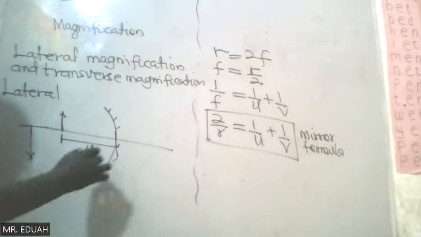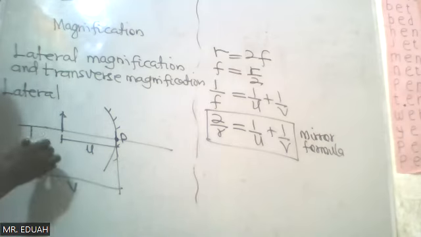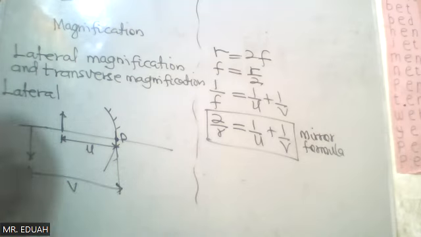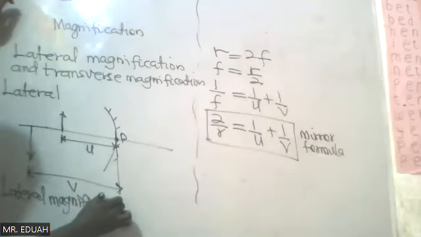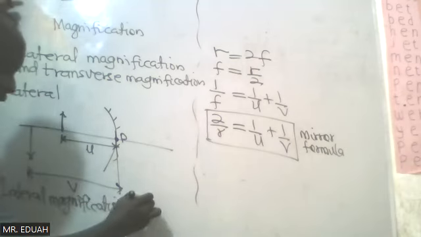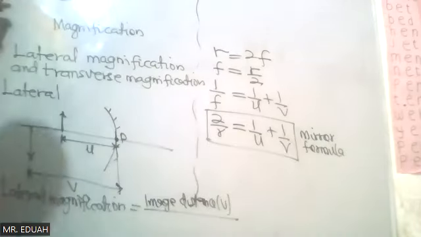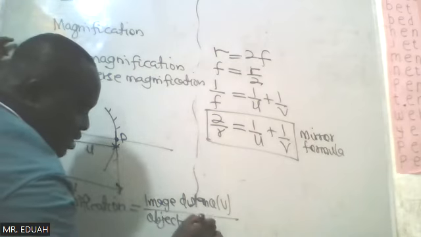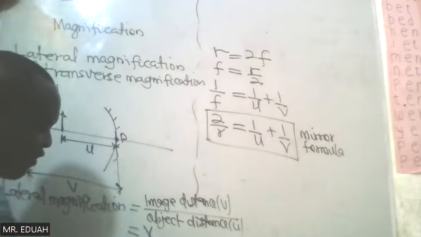Assuming the image is here, from the pole to the image position is the image distance, V. Lateral magnification is about side to side, so here we are looking at the ratio of the image distance V to the object distance U. So lateral magnification is actually V over U.